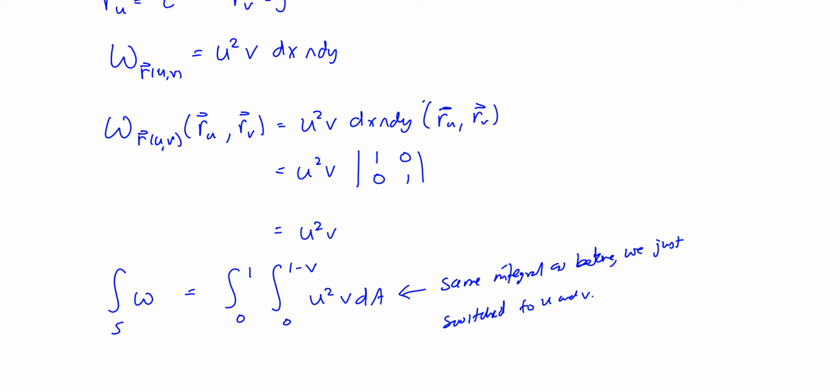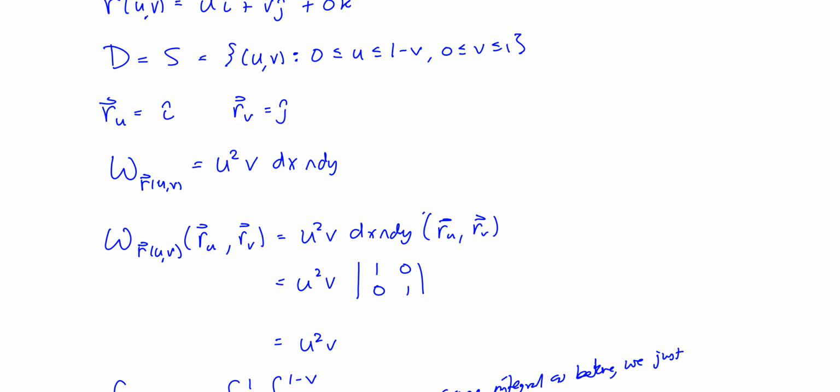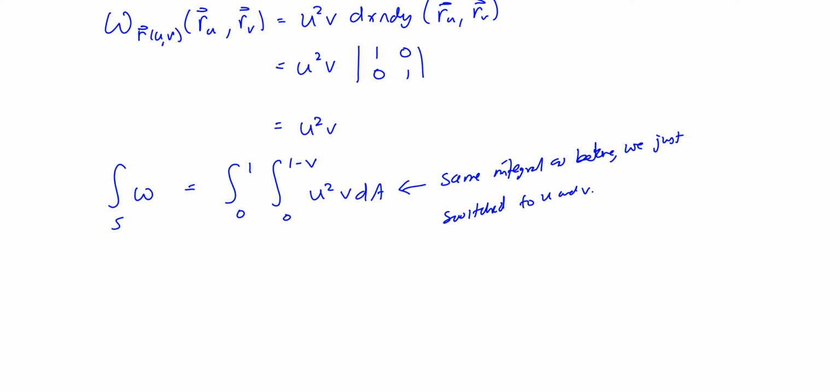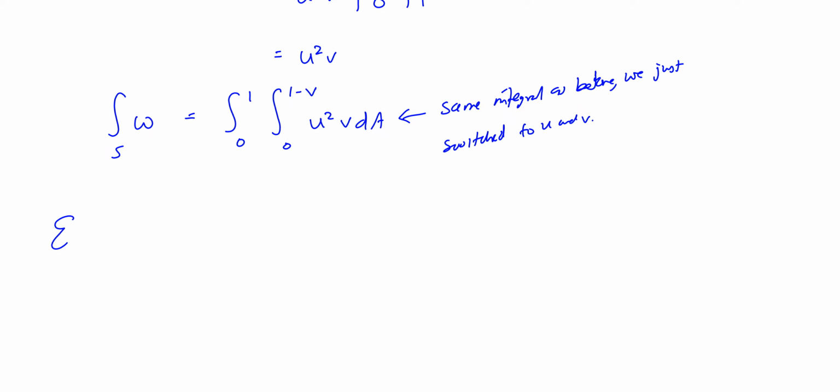So we get the same thing. This just goes through how the language works in terms of evaluating the 2 form at the parameterization and then evaluating the dx wedge dy. So same thing, just in our new language. So you see it works the exact same in terms of the new language.